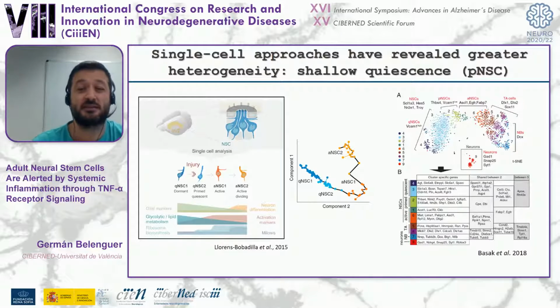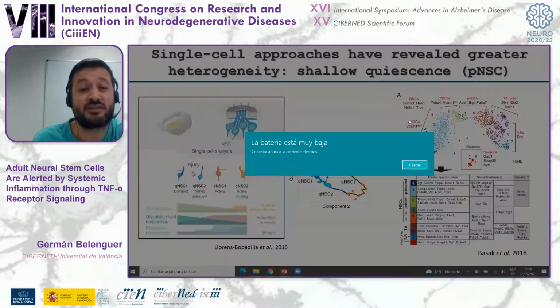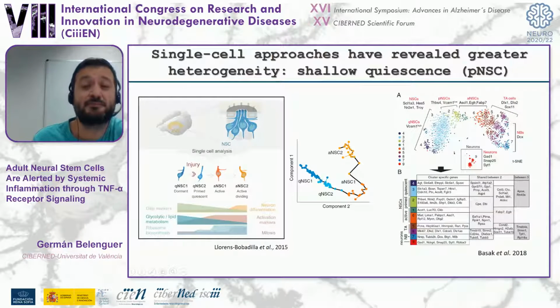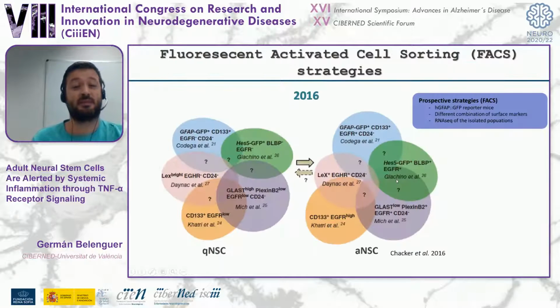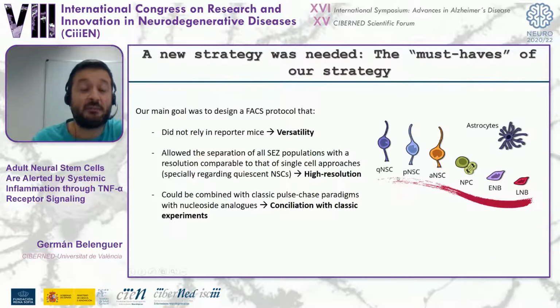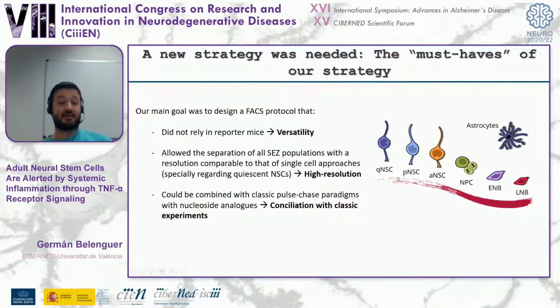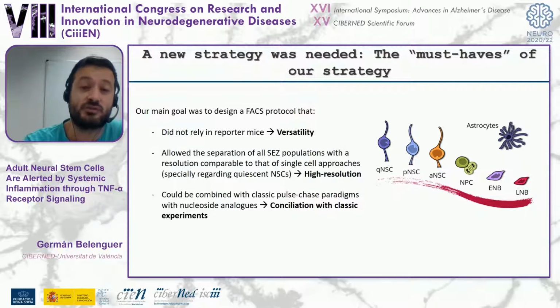You can find cells that look more dormant, while other cells are in an intermediate state between quiescence and activation, showing a more shallow quiescent state or a primed-for-activation state. So it became clear at that moment that we needed new tools to be able to identify our cells properly, to be able to study them.